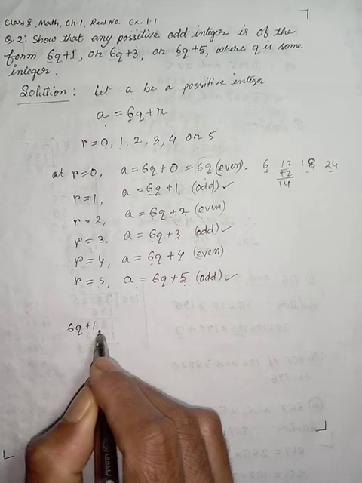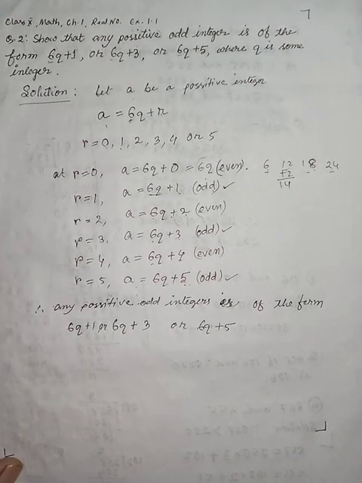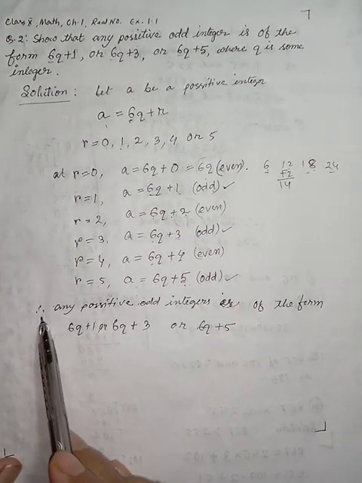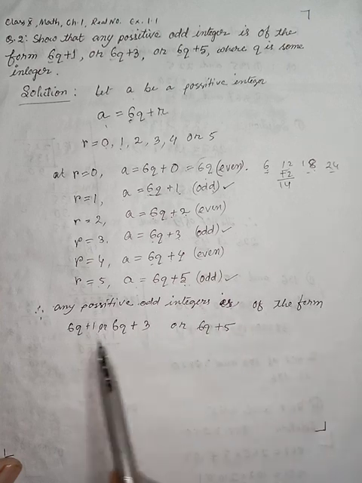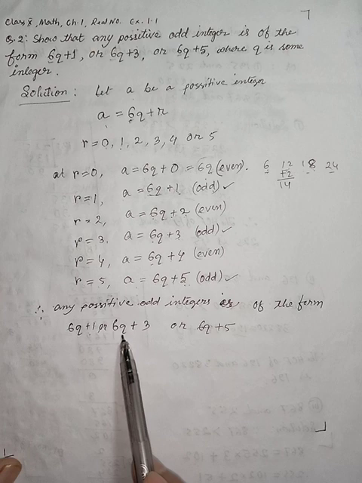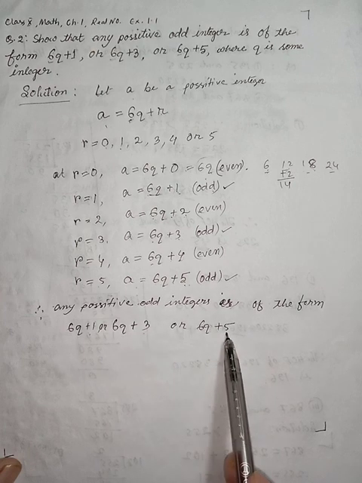Therefore, any positive odd integer is of the form 6q plus 1 or 6q plus 3 or 6q plus 5.